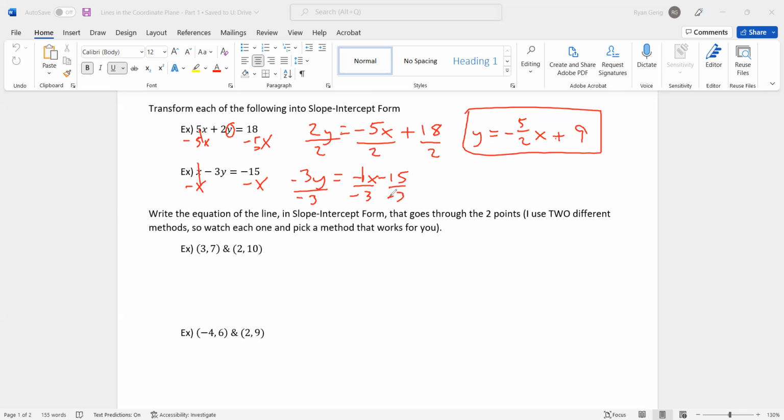There's a negative 1 right there, right? So I get y equals a negative 1 divided by negative 3 is positive 1/3. Leave it as a fraction. x. Negative 15 divided by negative 3 is positive 5. And there it is in slope-intercept form. Okay. Again, you should know how to do that from Algebra 1.